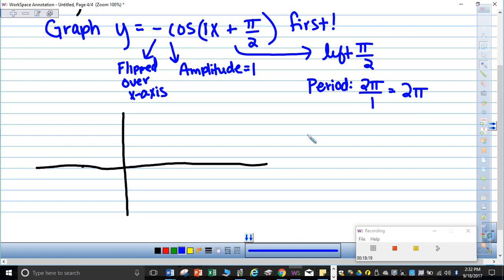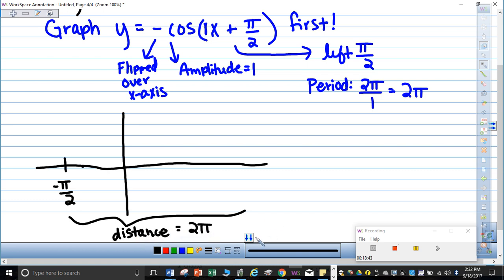All right, so if it's shifted, that's going to tell us the starting location. So the first label here on the x-axis is going to be negative pi over 2, since it's shifted to the left, pi over 2 spaces. All right, then since the period is 2 pi, that just means the distance from start to finish is equal to 2 pi.